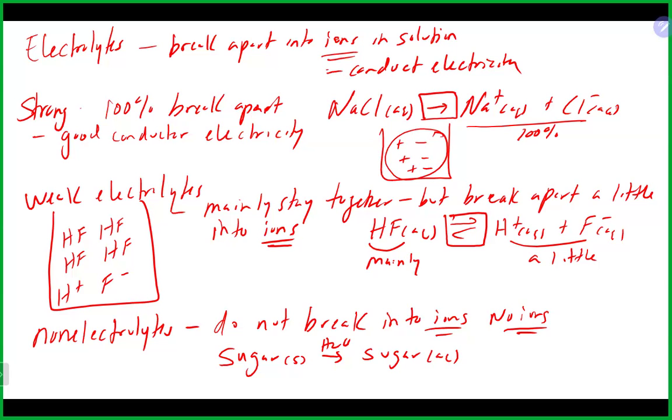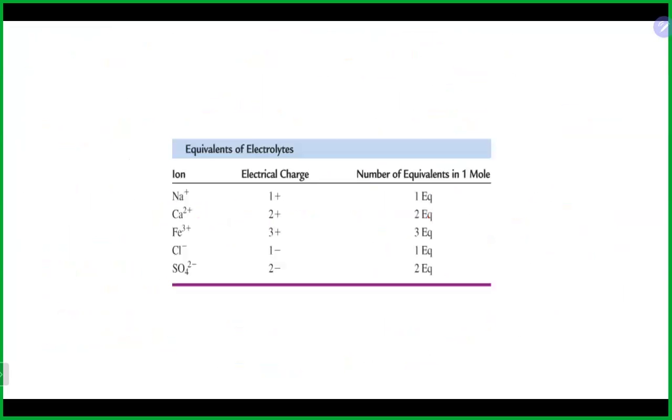Lastly, we talked about these guys. We talked about equivalents. And equivalents are essentially a conversion factor that we use a lot of times with electrolyte solutions. It is based on the charge of the ion that's present.